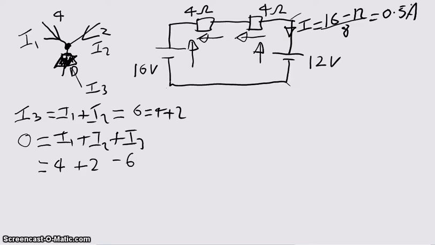Now we can work out these two, because a half times 4 equals 2. You see, I'm saying that the 2 volts is equal to I times R equals 2. There's another 2 here. So we got 16 minus 2 equals 12. Or the other way around, we can say 12 plus 2 equals 16.